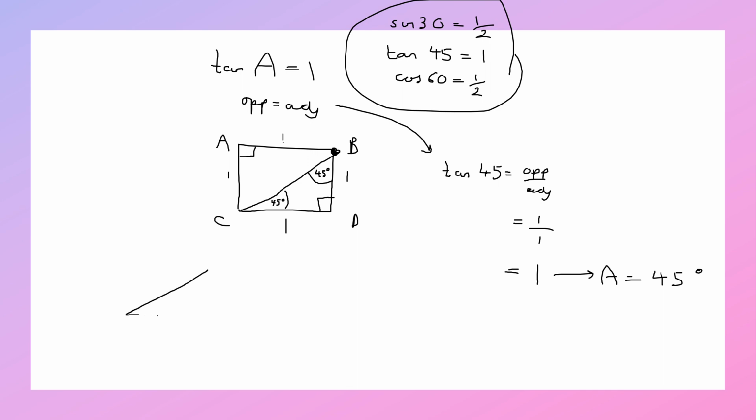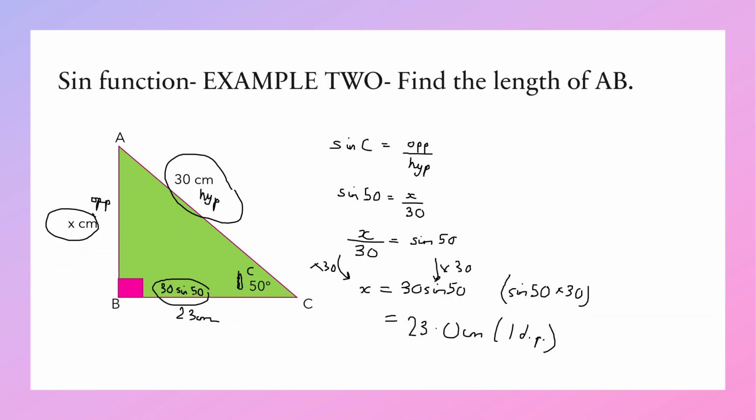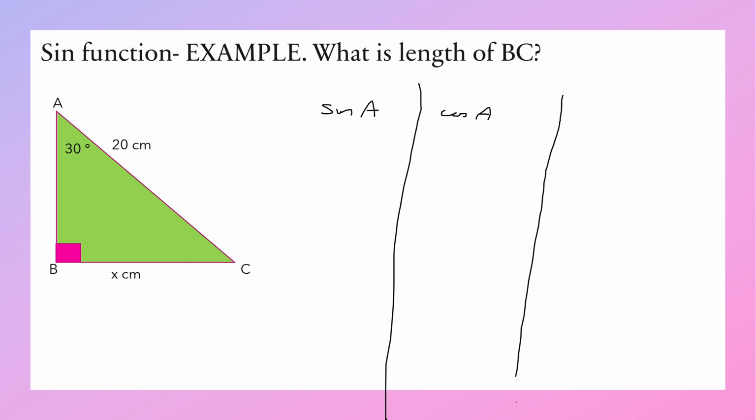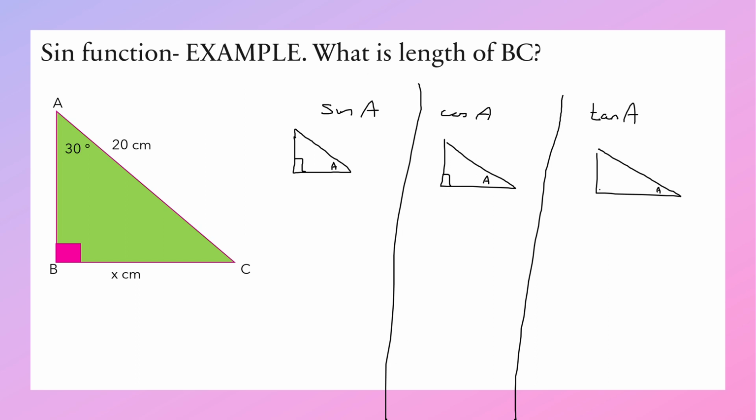So let me draw, let's see if we have any more space. We'll draw it here. So if I have sine of an angle, cos of an angle, tan of an angle, and we have our triangle with angle A. Okay, so we know that sine A equals opposite over hypotenuse.